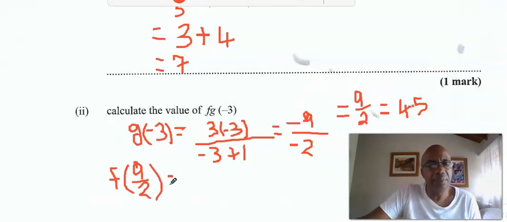equals 1/3 times 9 over 2 because it's 1/3 x. So we multiply by 9 over 2.